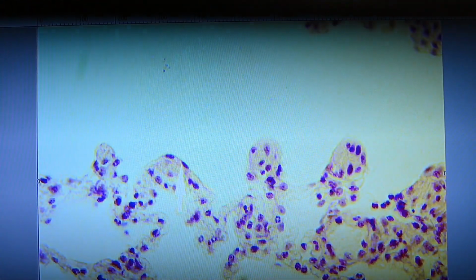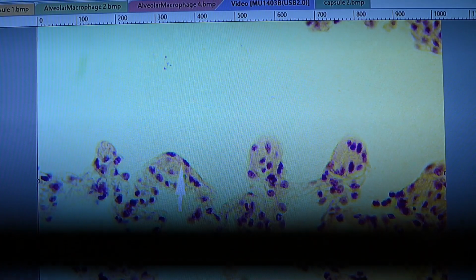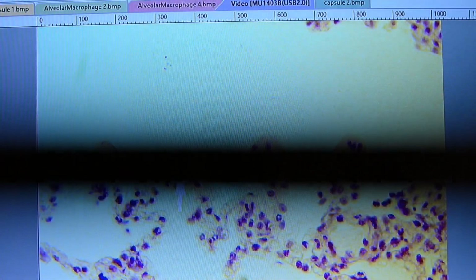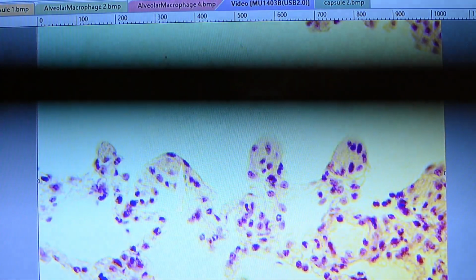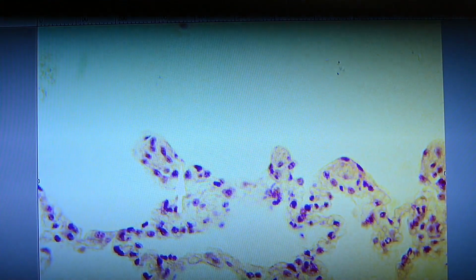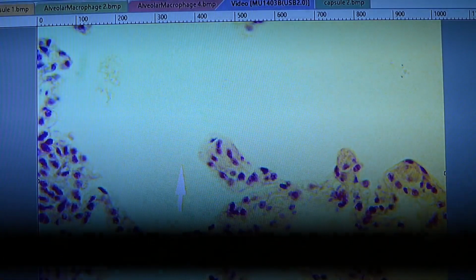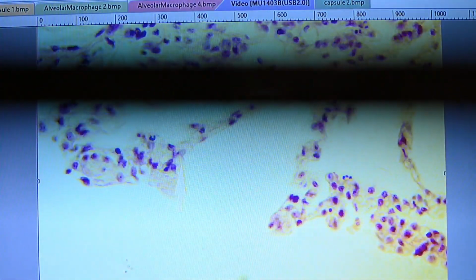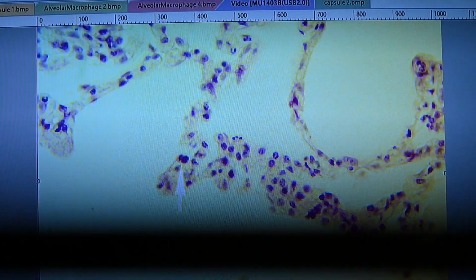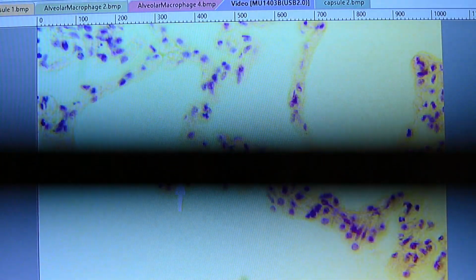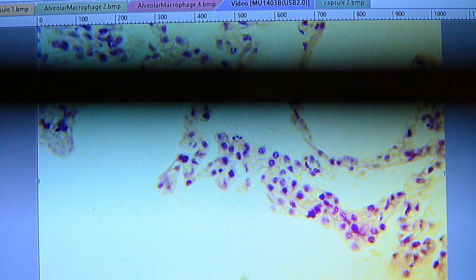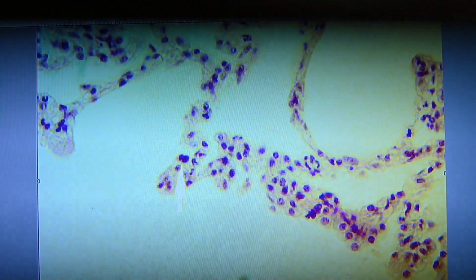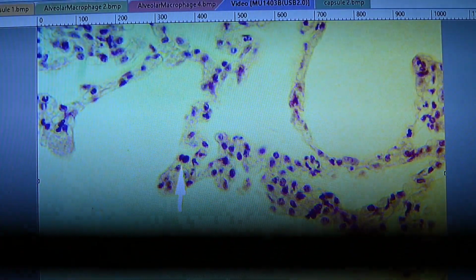So right here we see a nice simple squamous cell, type 1 epithelial cell lining the alveolar duct right here. These more cuboidal cells, a little small, they're not nearly as large as the other cells we've been looking at, but these small cells right here are the type 2 alveolar cells.